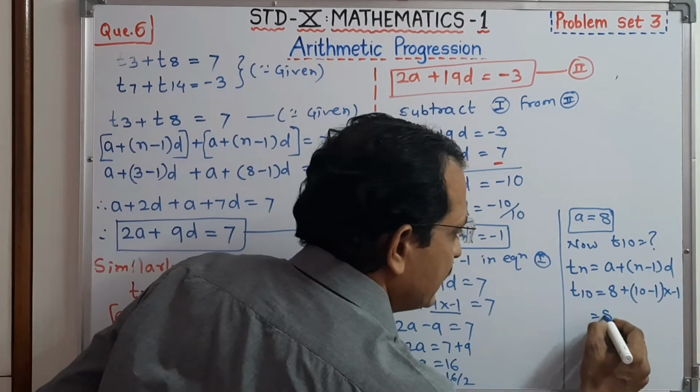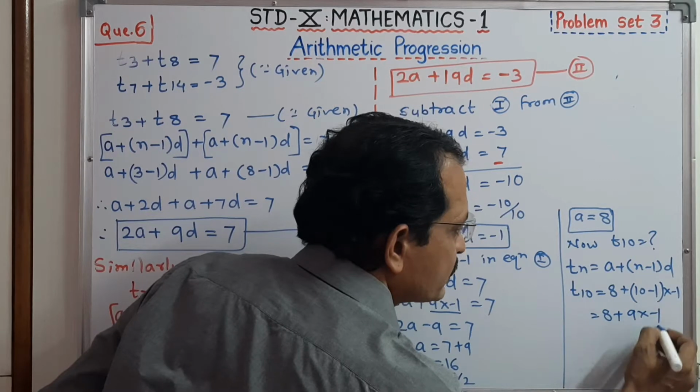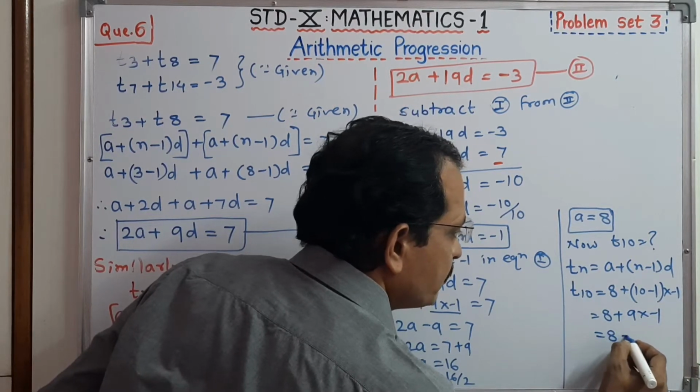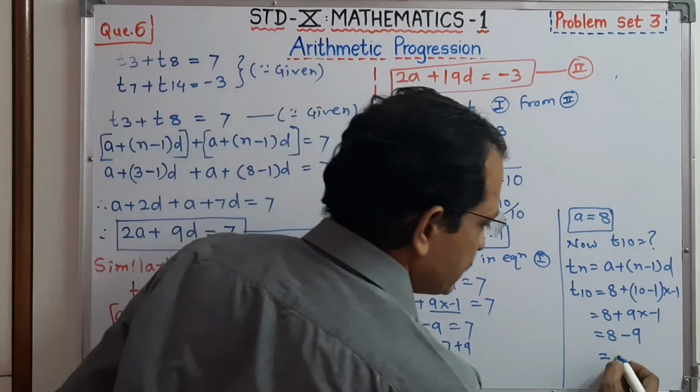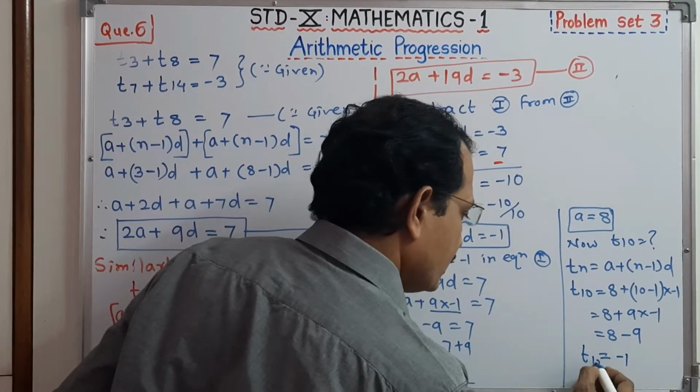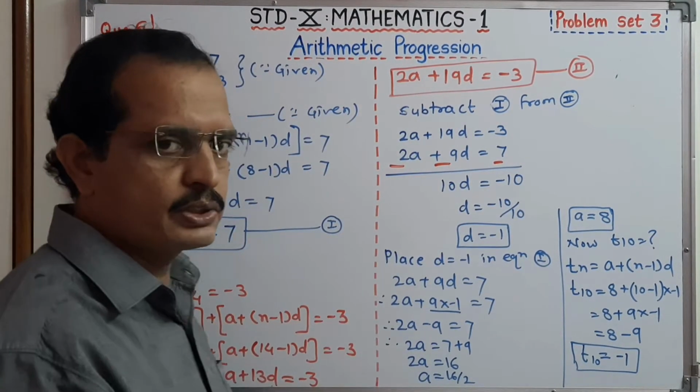Now this is 8 plus 10 minus 1, it is 9 into minus 1. It is 8 minus 9. Therefore, dear student, it is minus 1. Therefore, the 10th term is minus 1.